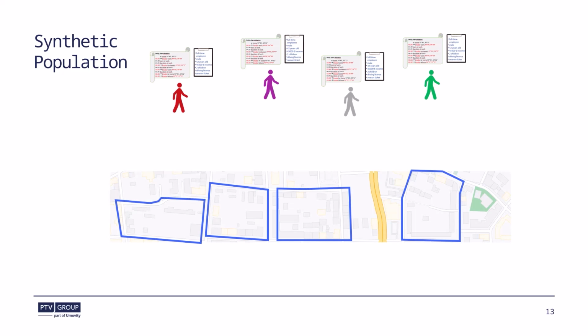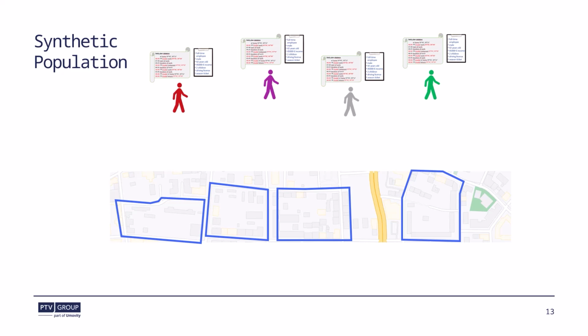On the other side, on the model side, we have a model area, and the model area is distributed into something like, say, microzones. So typically in a macroscopic model, you use zones. Here we have something smaller. It could be buildings or a set of buildings, whatever. We just call them here microzones.